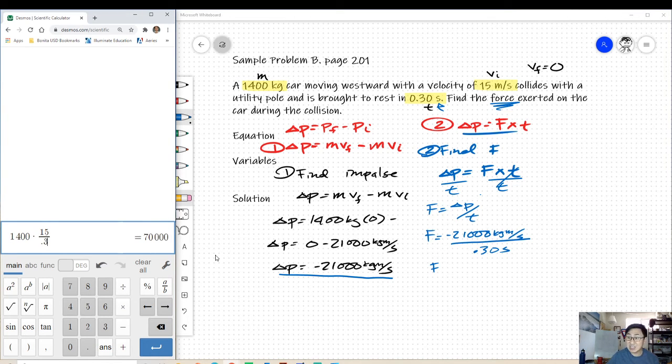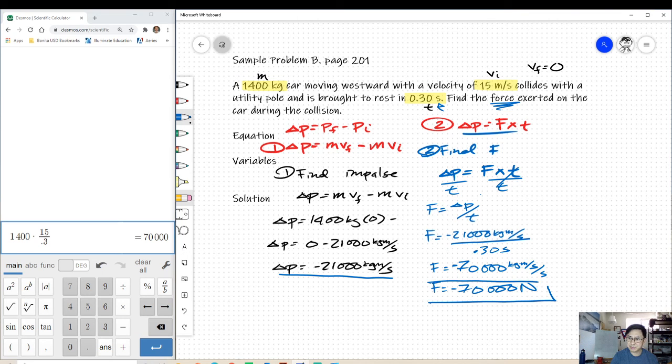So 70,000 is equal to kilogram meters a second. Kilogram meters a second, I think you guys remember that that's a newton. So the force is equal to, well, it's actually a negative 70,000, the negative things go away, newtons.